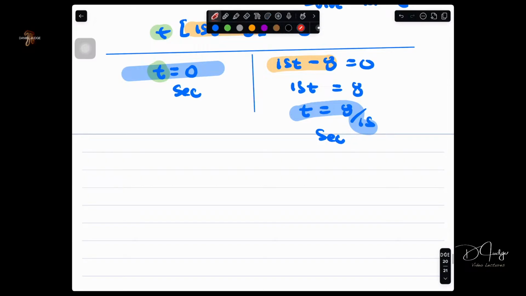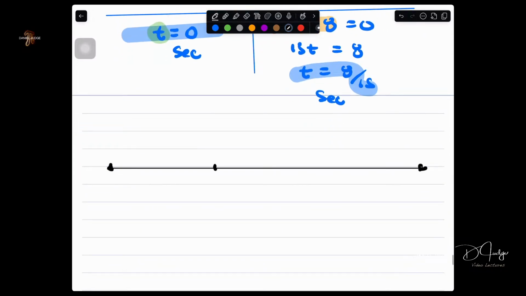Back to our sign analysis. We'll draw the real number line, and we'll remember that here's where t is 0, and here is where t is 8/15 for the velocity function. This is where that derivative was 0.